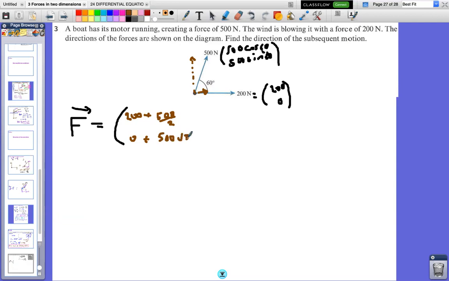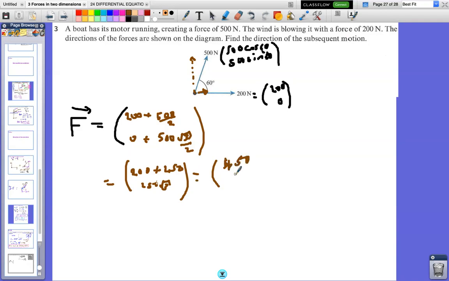Root 3 over 2, correct? So your resultant force is 200 plus 250 and 250 root 3, or 450 and 250 root 3.